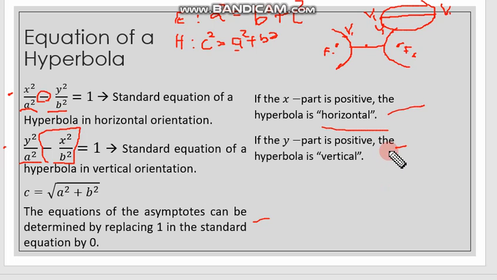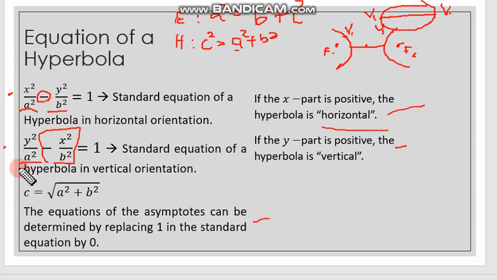So, in the ellipse, we look at the value of a squared or b squared, so where the larger denominator is, that is the major axis. But here in the hyperbola, there is no such pattern. The pattern that we should be looking for is whether the x has a positive or negative sign, or the y is positive or negative.